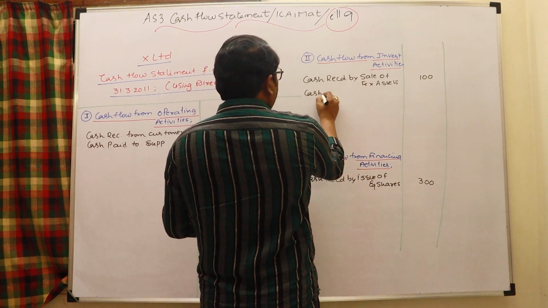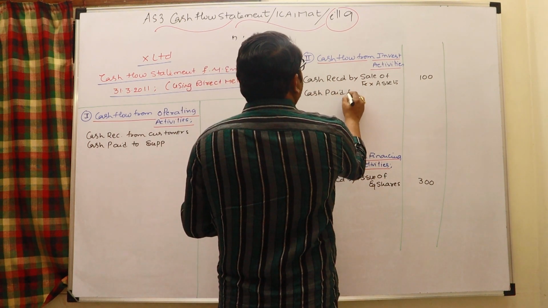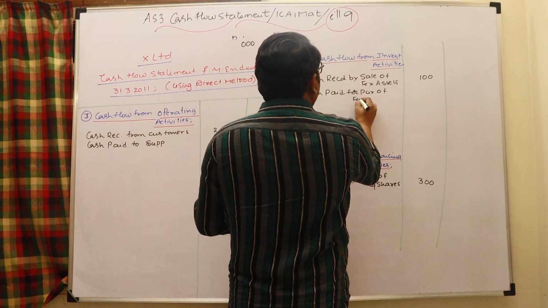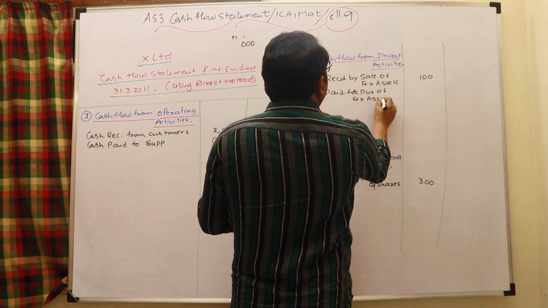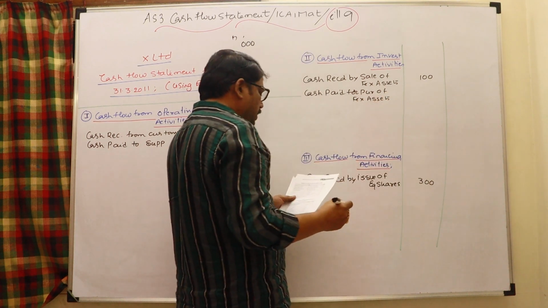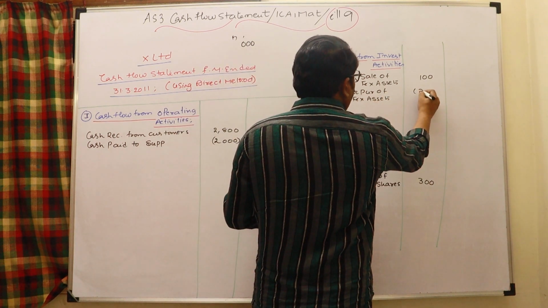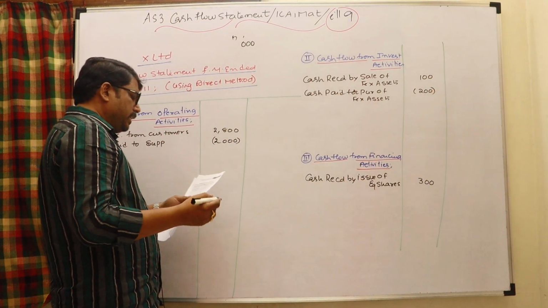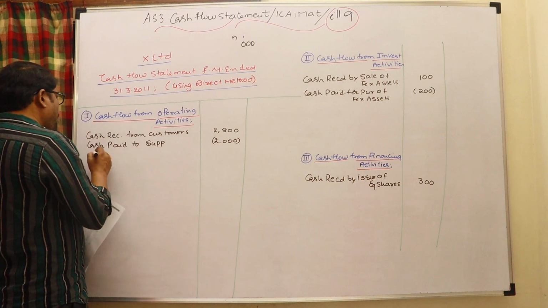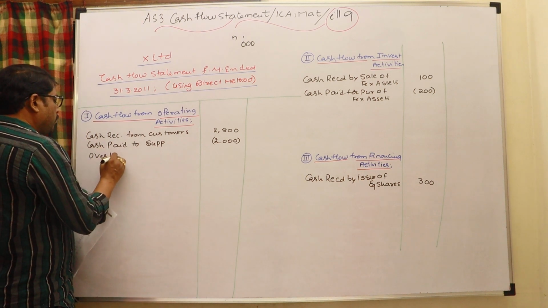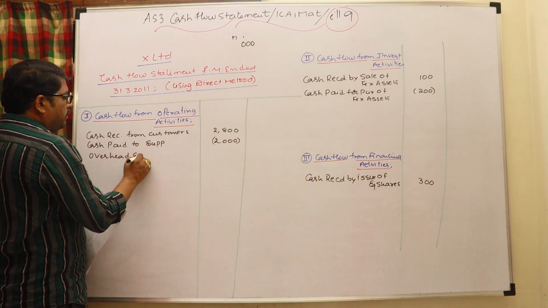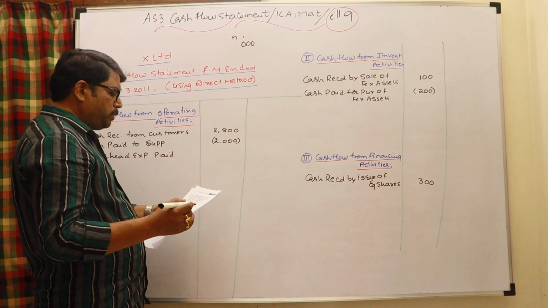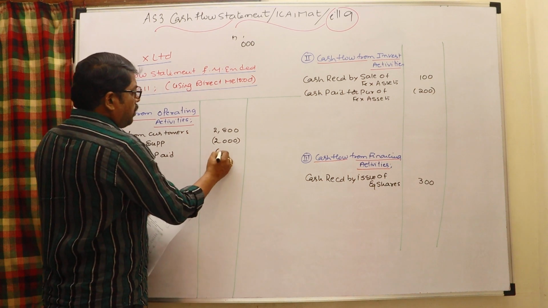Cash paid for purchase of fixed assets, 200. Overhead expense is an operating expense, operating activity. Overhead expense paid is an operating activity, 200 outflow.